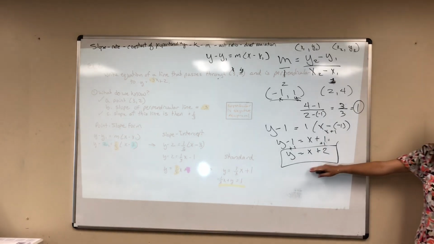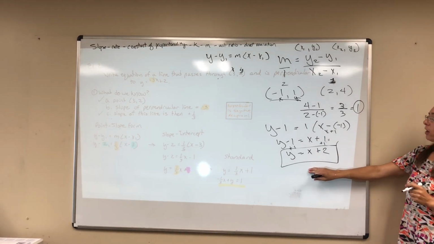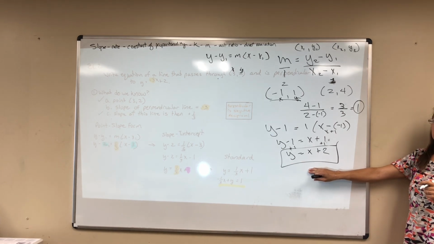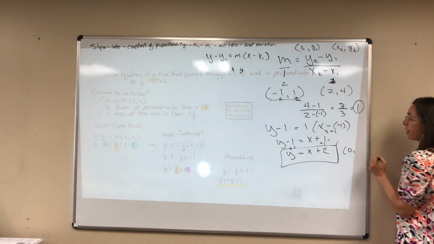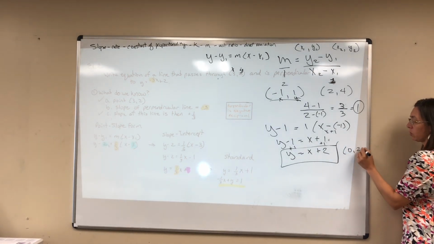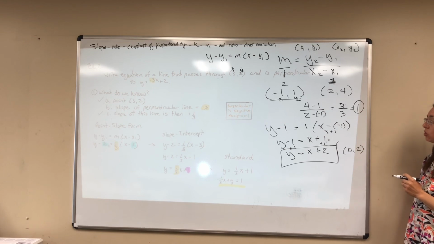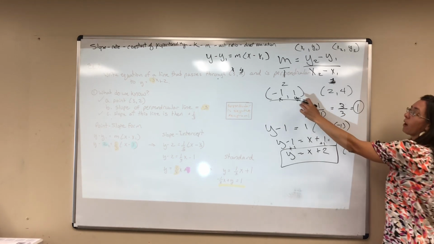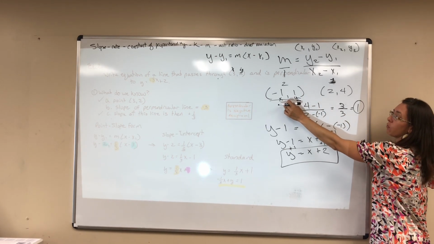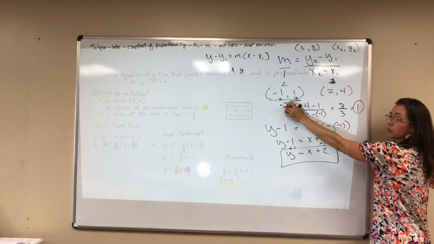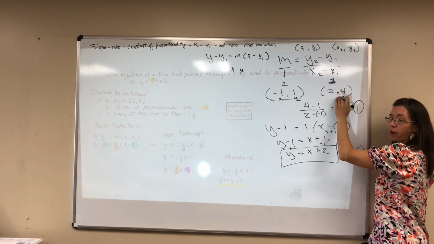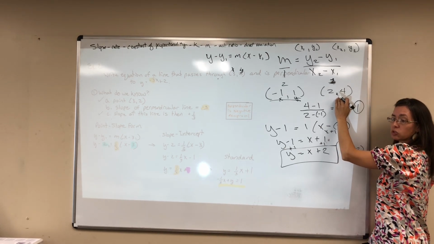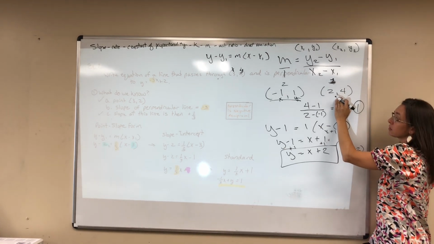So if we graphed it, where is our y-intercept? The y-intercept answers the question when x equals 0, y equals 2. So our y-intercept would be 2. First I want you to plot negative 1, 1 on your graph. I want you to plot 2, 4 on your graph and draw a line through it.